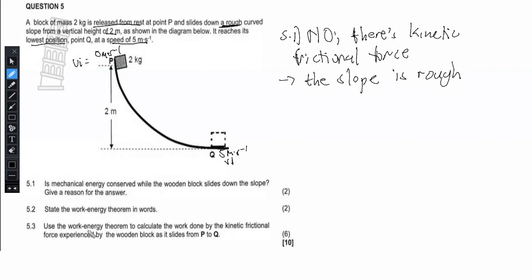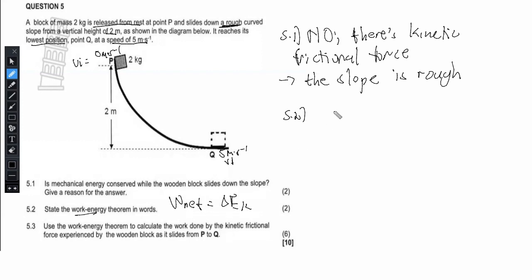Okay, then 5.2 says, state the work energy theorem in words. And then I did mention that if you happen to forget this definition, just go there and write the formula W net is equal to change in EK, and then it is much easier to remember.